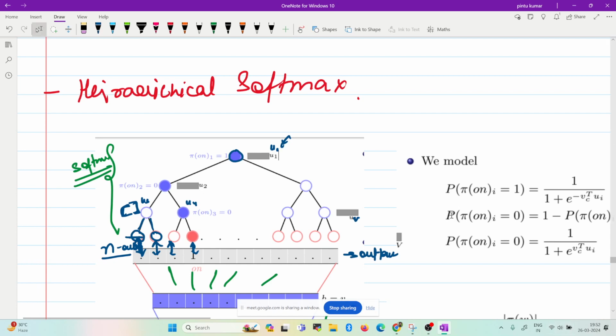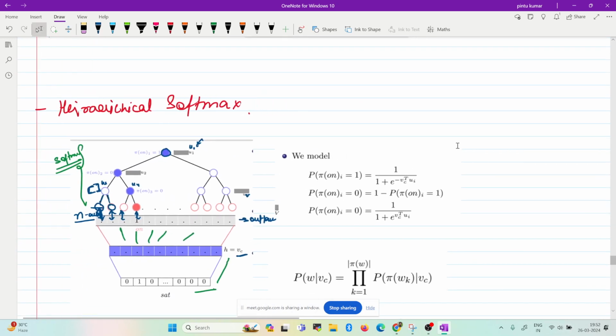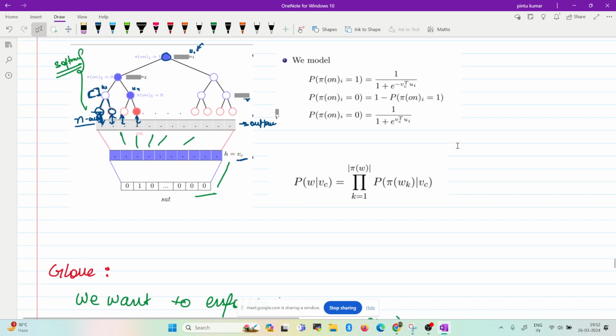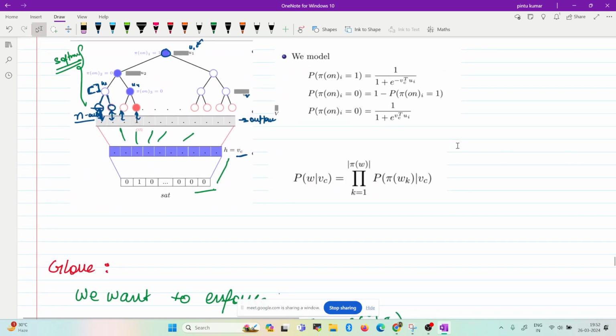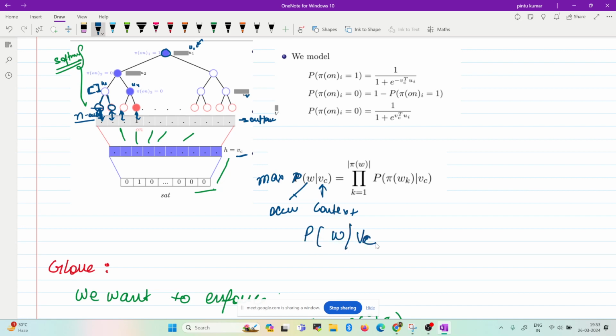so what would happen is, so what is the objective? The objective is that given your context vector, words that are occurring, we want to maximize its probability. So what we want to do is, we want to maximize this probability of word given your VC.